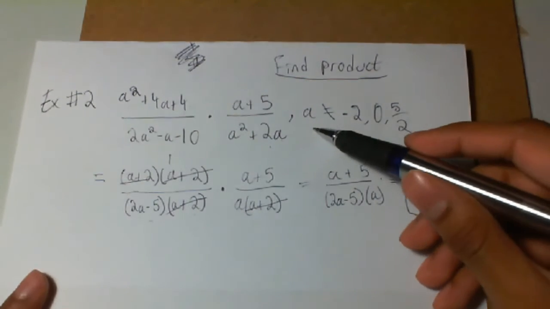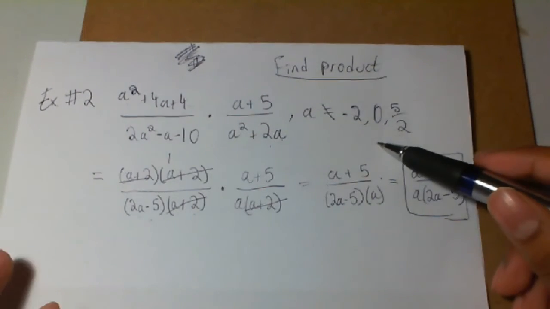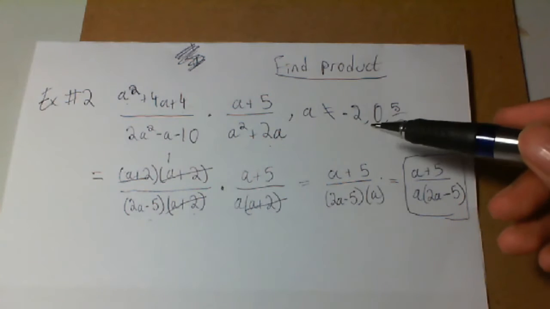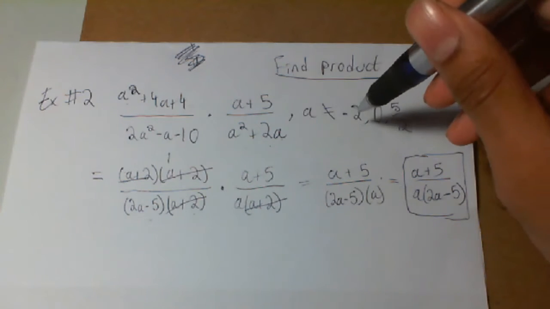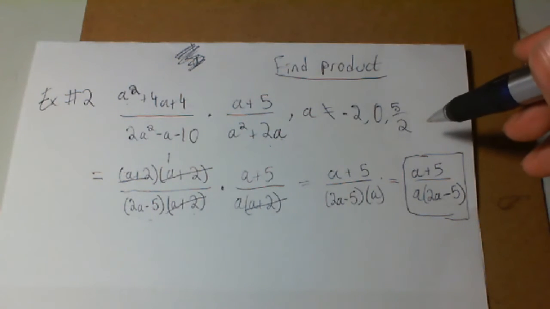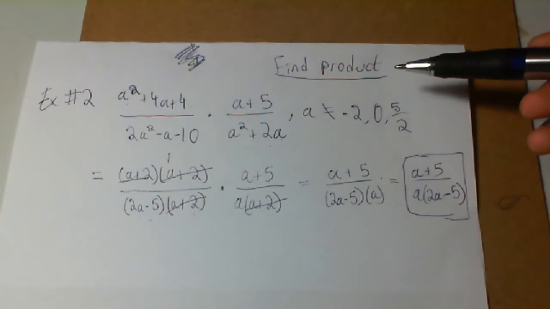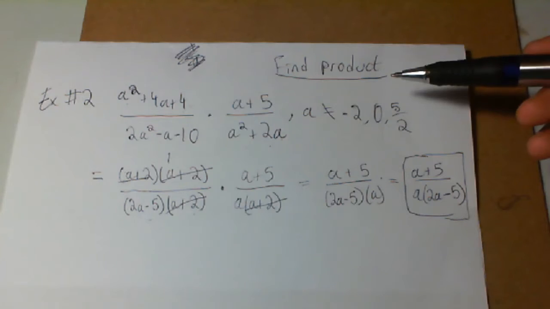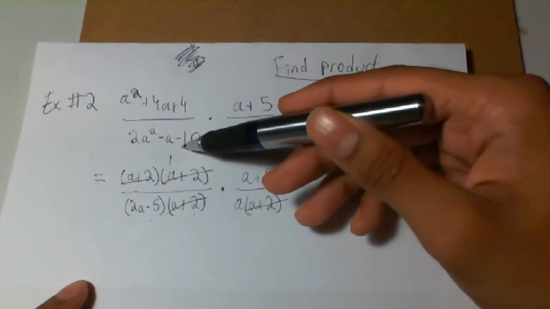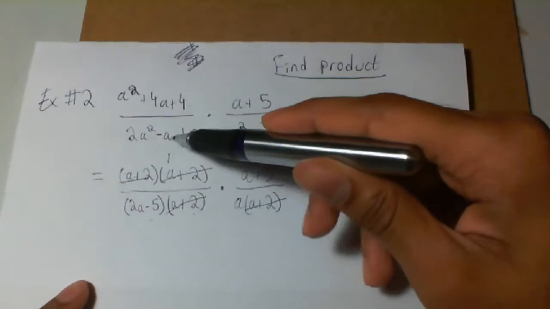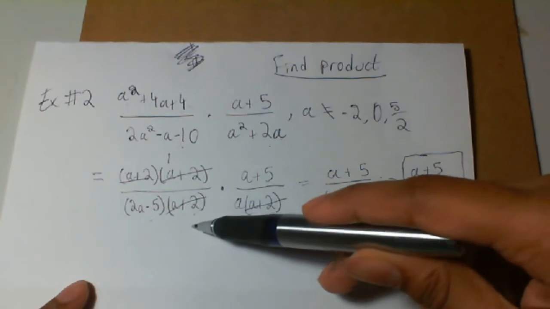And you might have noticed these as well. The problem gave us these. It said that a cannot be equal to -2, 0, or 5/2. This is because we can't have 0 as our denominator, right? So if we were to factor out here, we notice that it's -2.